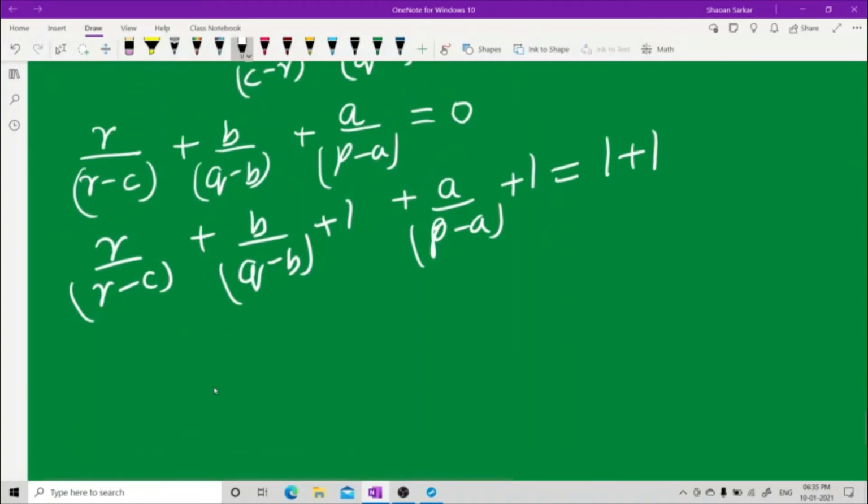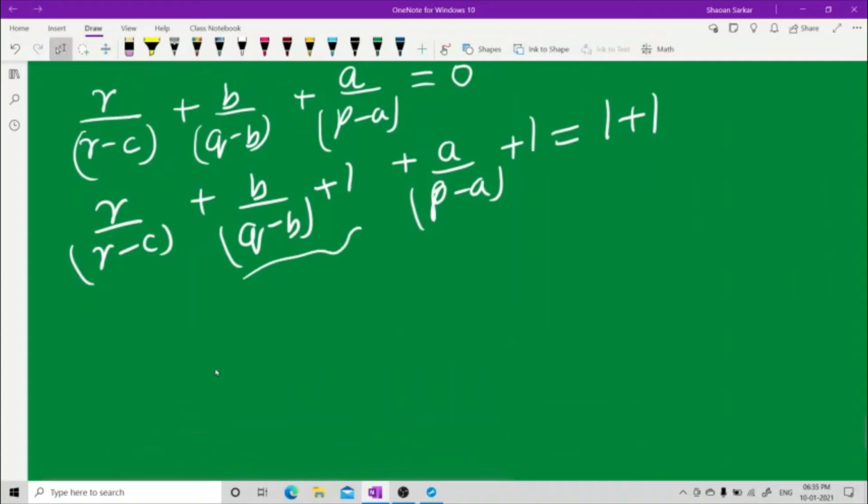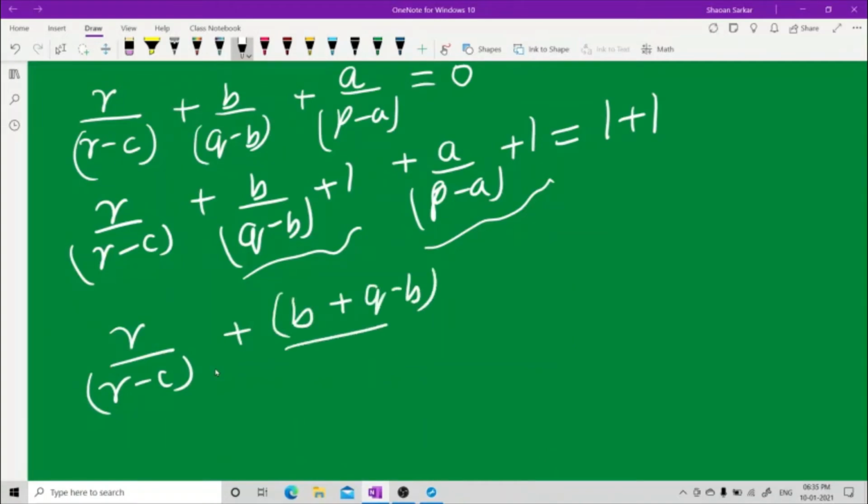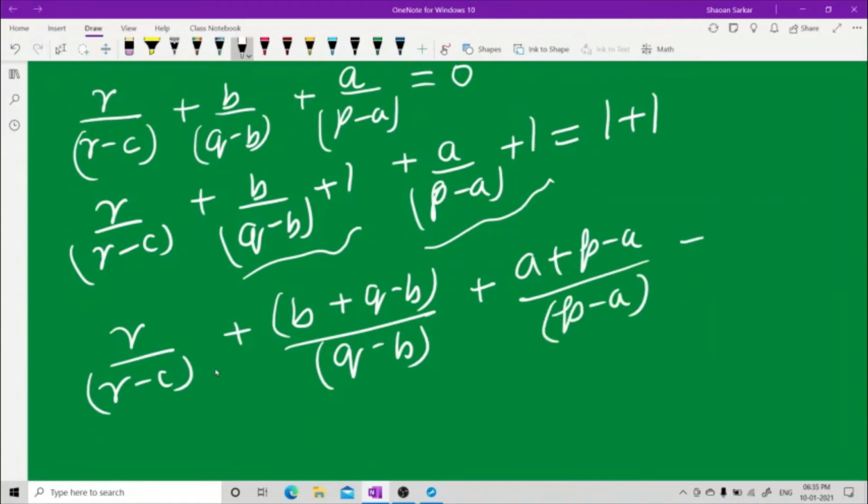Now taking the LCM on this part, I get R upon R minus C plus B plus Q minus B upon Q minus B plus A plus P minus A upon P minus A, and this is equal to 2. Now B and A cancel out.